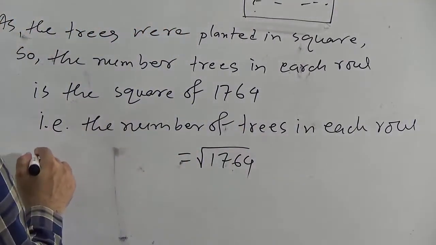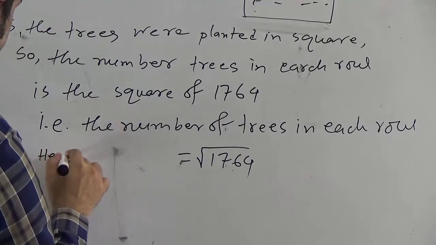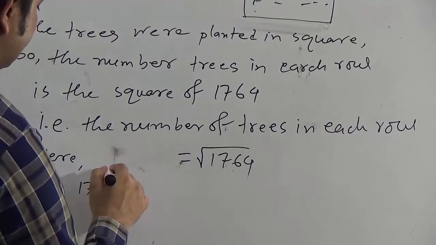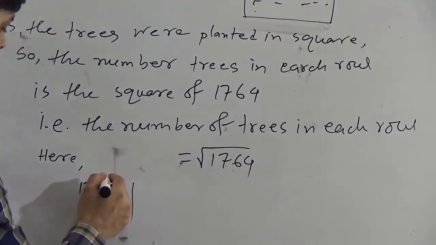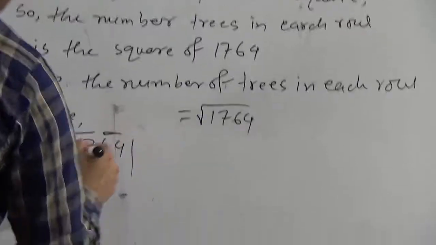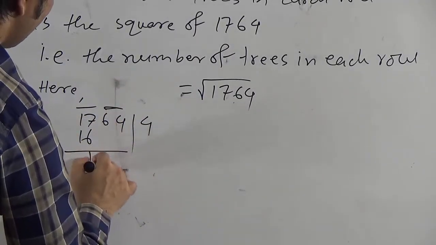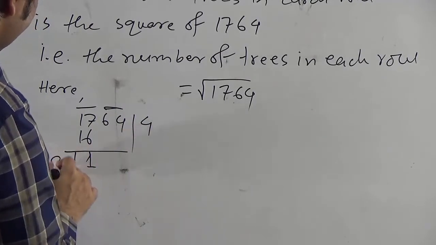Now do the square root here. 1764. Using the same technique, dear students, you know how to do the square root. Now take 4 times. 4 4s are 16. 1 left. Now 4 2s are 8.